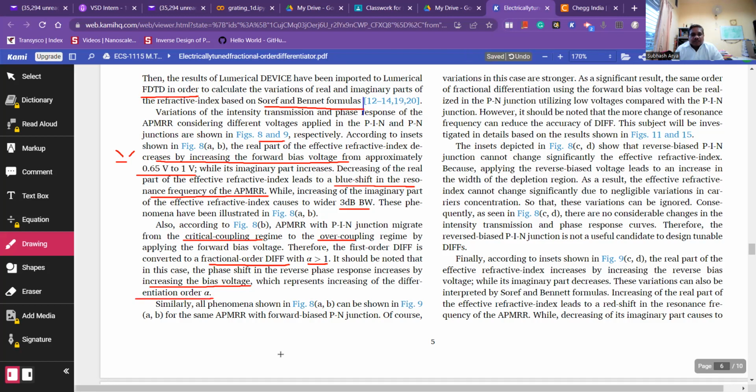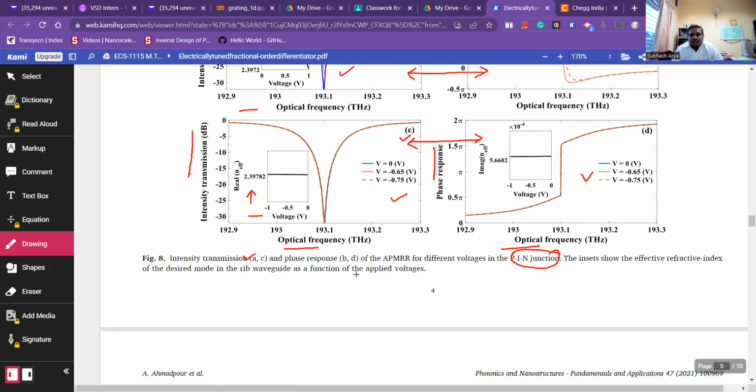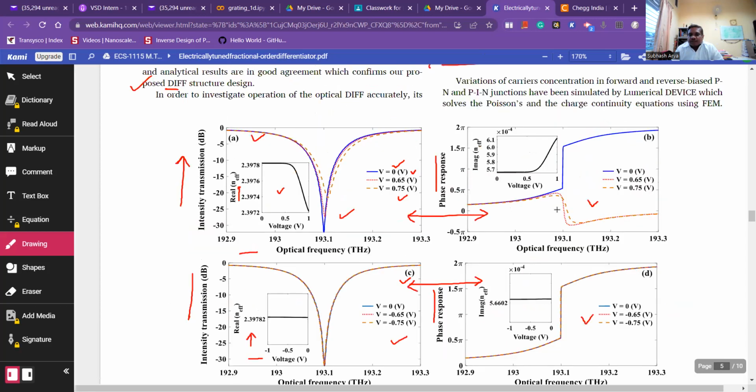So this is state B, where we go from critical coupling to overcoupling, first order. So 8B, let us see the phase response.